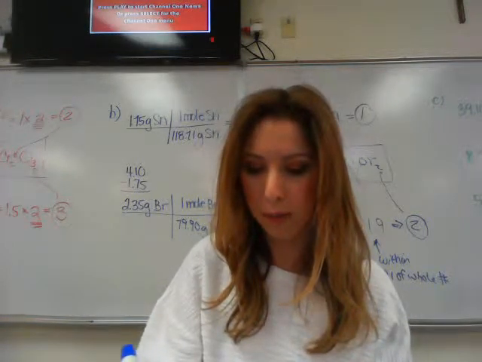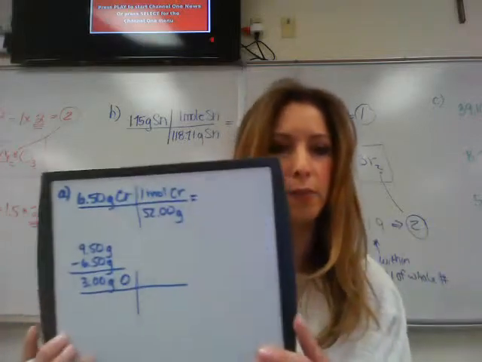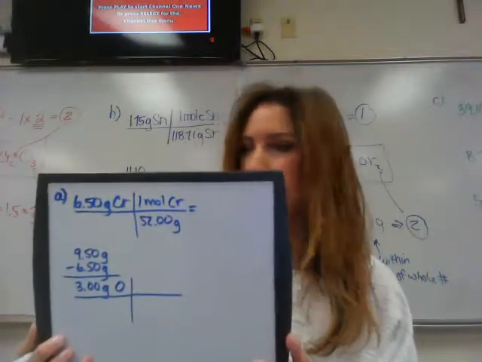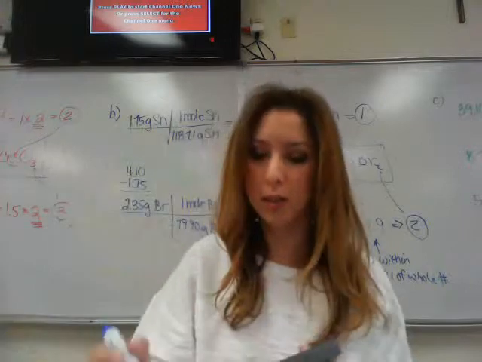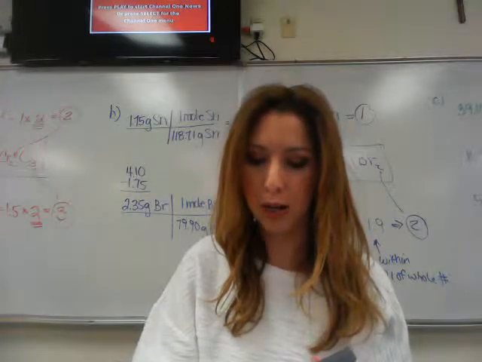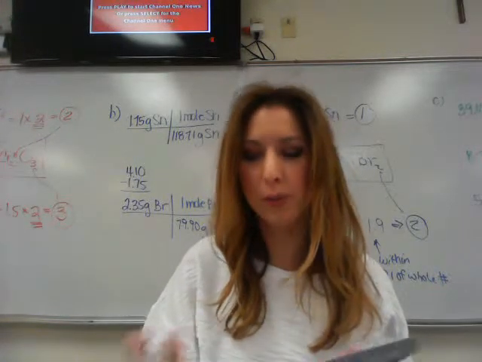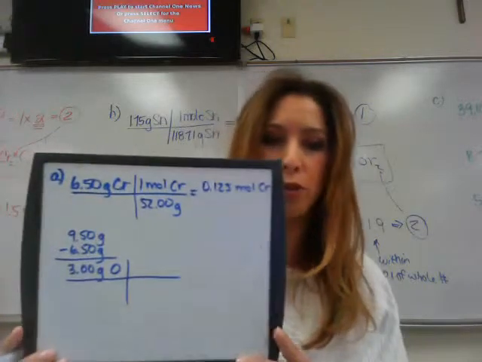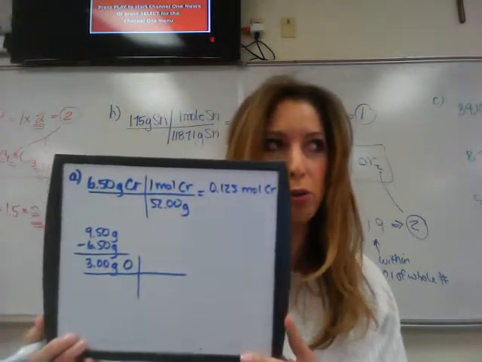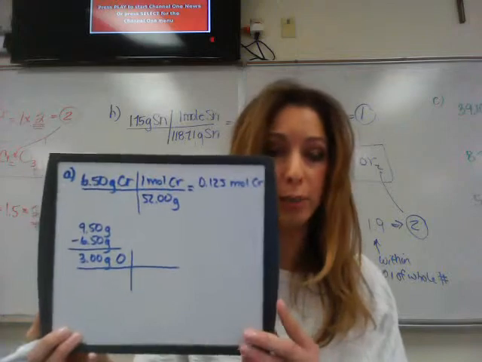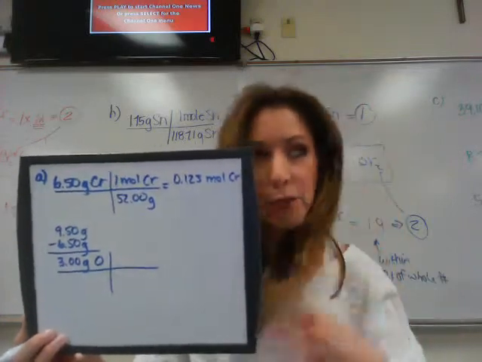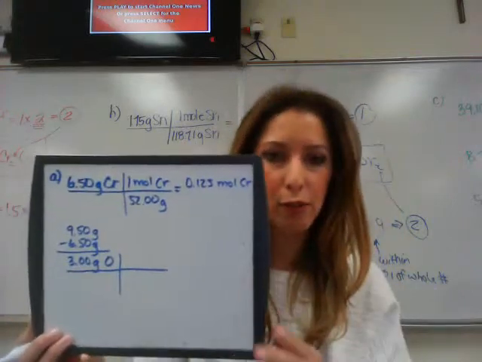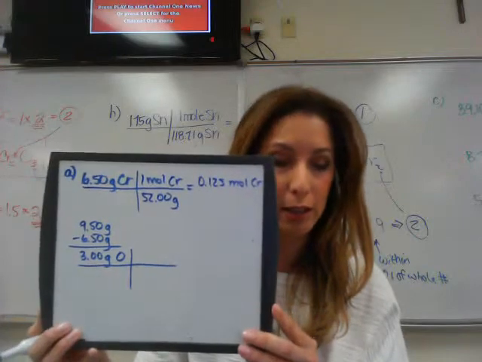So I'm going to set it up like this. Okay, and when you divide that out, you're going to get 0.125 moles of chromium. You don't want to round off moles to the proper number of significant figures. You want to write out maybe 5 places past the decimal, because if you round, it may affect the simplest formula that you get in the end.